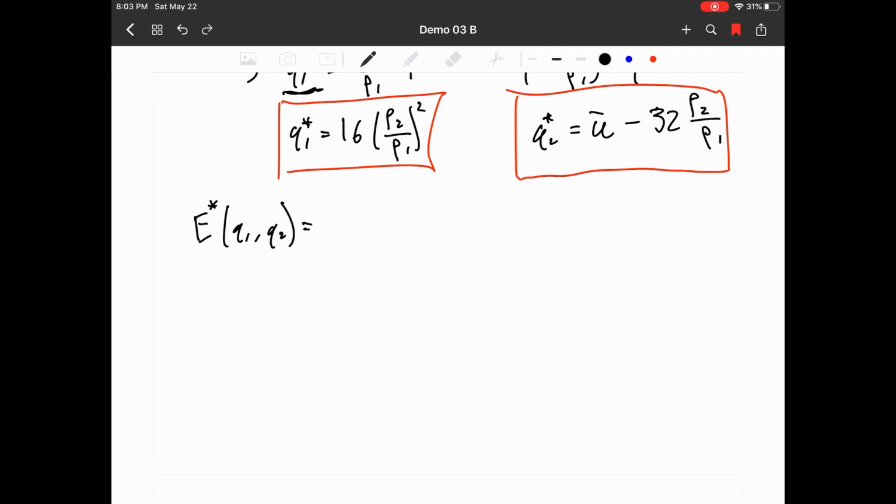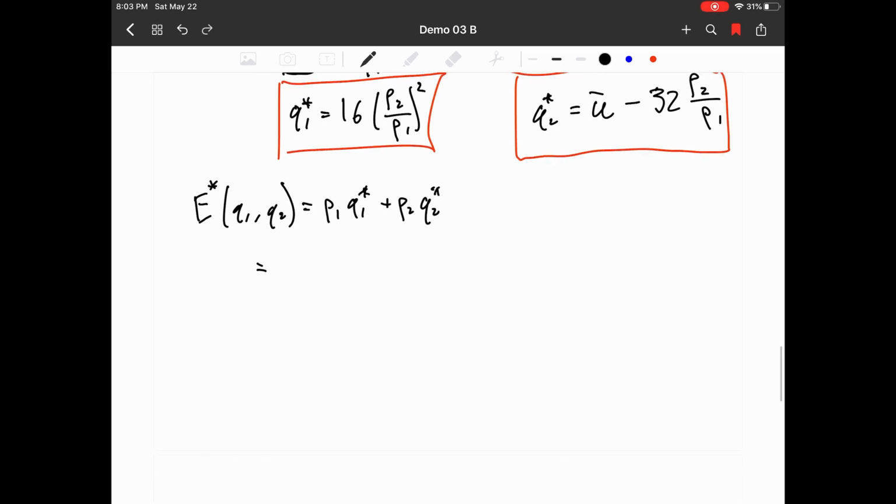And this is the solution value, the expenditure that achieves a given utility u bar. So given u bar, what do we have to spend if we're being optimal? So what this is just plugging in, so we have p1 times q1 star plus p2 q2 star.